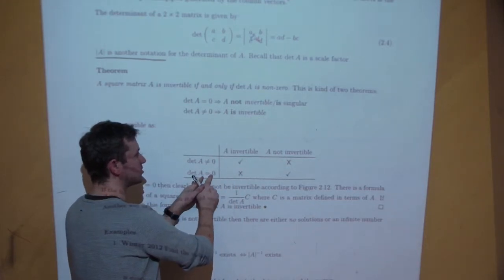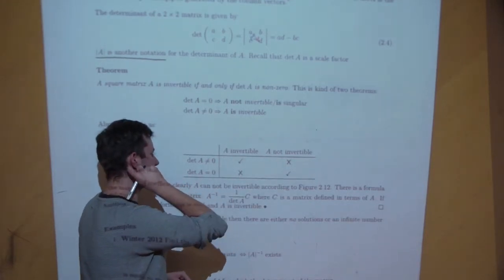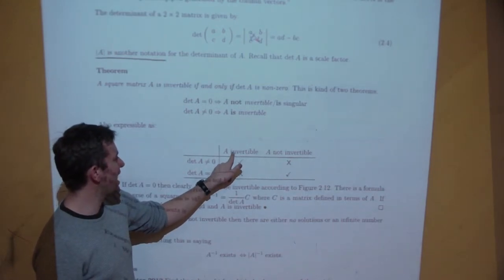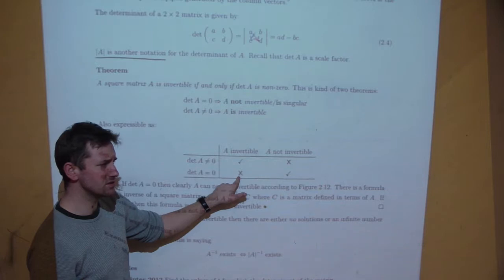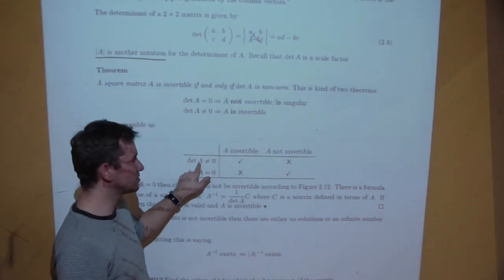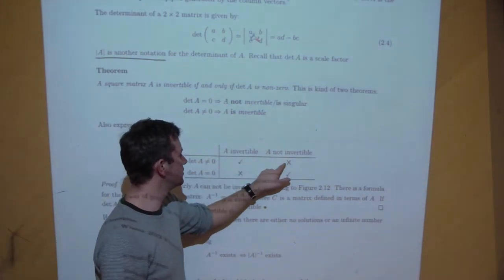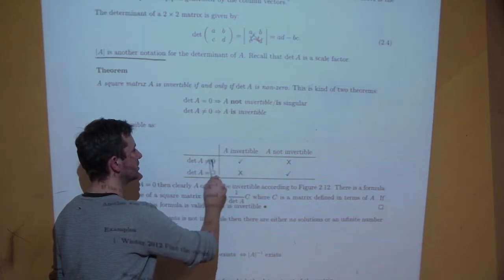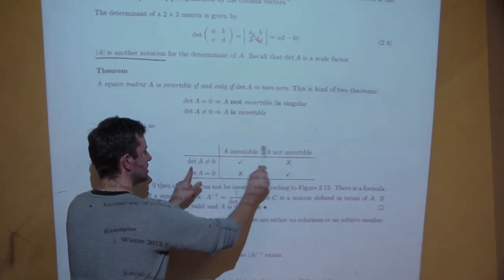If the determinant is 0, it's not invertible. It's not possible for a matrix to be invertible and for its determinant to be 0. That's not possible. And it's not possible for a matrix with a non-zero scale factor to not have an inverse. These things are exactly the same thing. These are the same and these are the same.